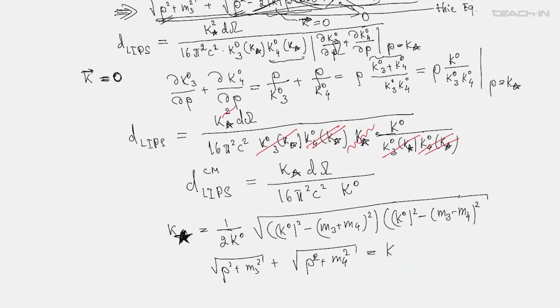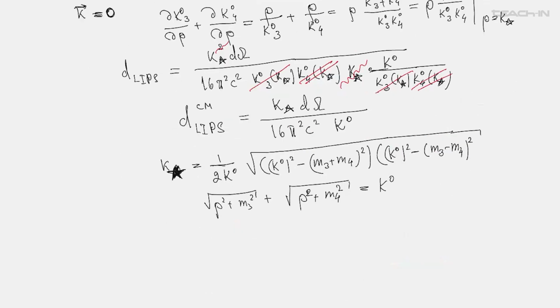Okay, how do you solve this equation? You square both sides of it. Then if you wish, you isolate the square root which comes out from the product of these two roots and square it again. Then I think you get a quadratic equation for the variable rho squared, and you solve it.